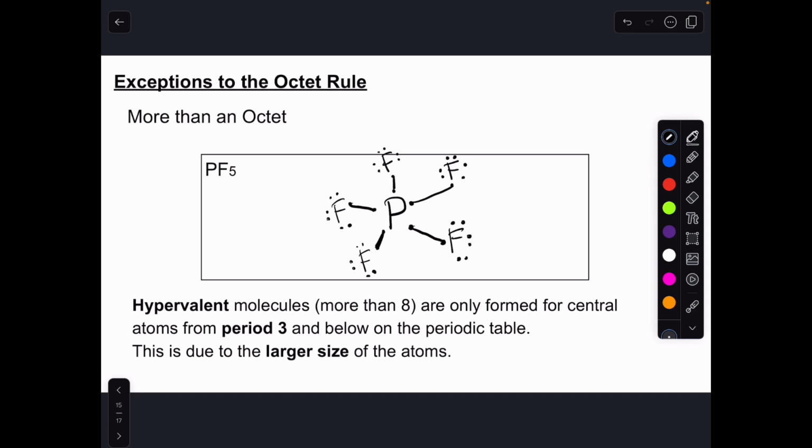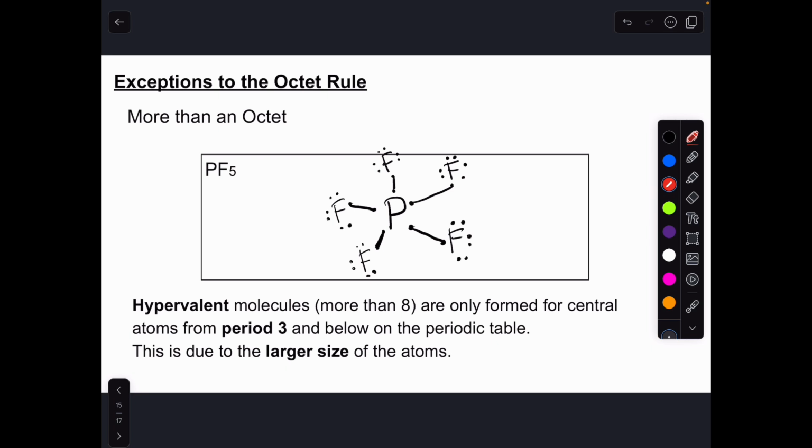And we're done. Once again, our center one here has 2, 4, 6, 8, 10. And this is what we call hypervalent, meaning it can hold more than 8. The key thing with this, which is going to link directly to our next exception, is that not all molecules can do this.